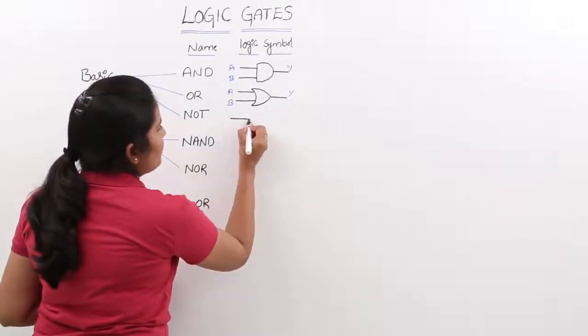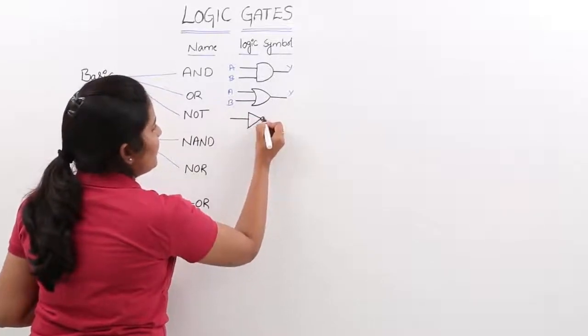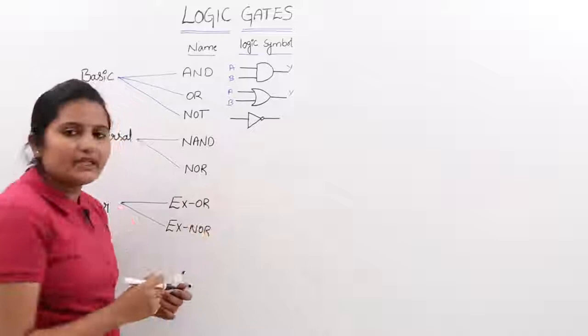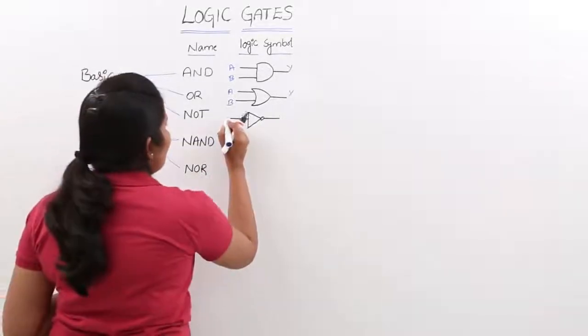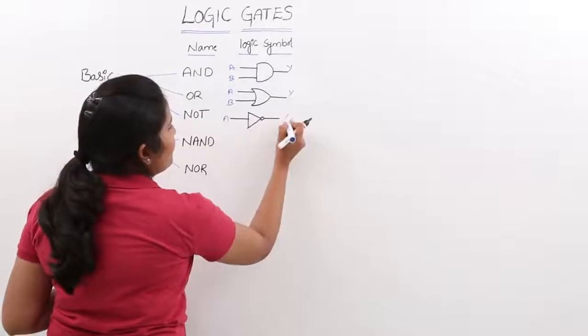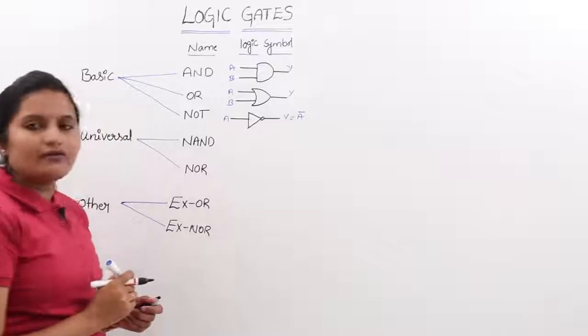I already told you that for the NOT gate there is only one input and one output. The output is the complement of the input. For example, if you provide A here, your output Y is equal to A bar, that means the complement of the input we gave.